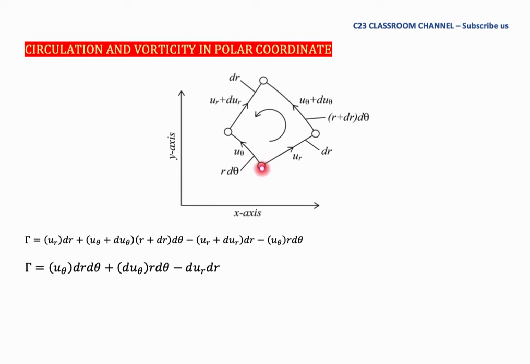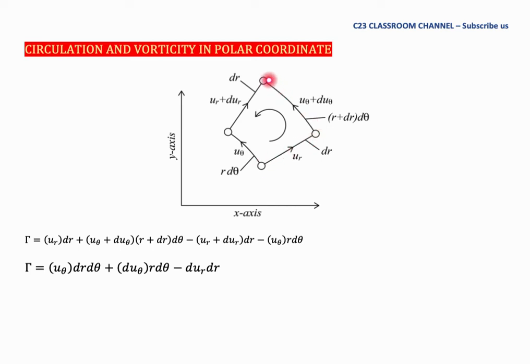So from this point to this point, the gamma is ur times dr, and then from here to here, the circulation is u theta times (r plus dr), because this is a radius. R is only up to this point, and dr is this length.